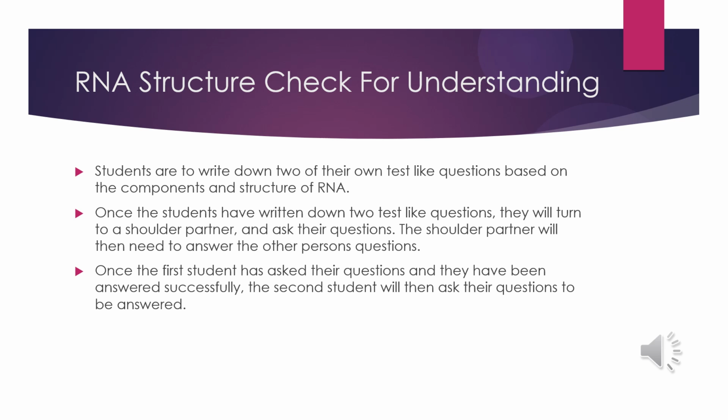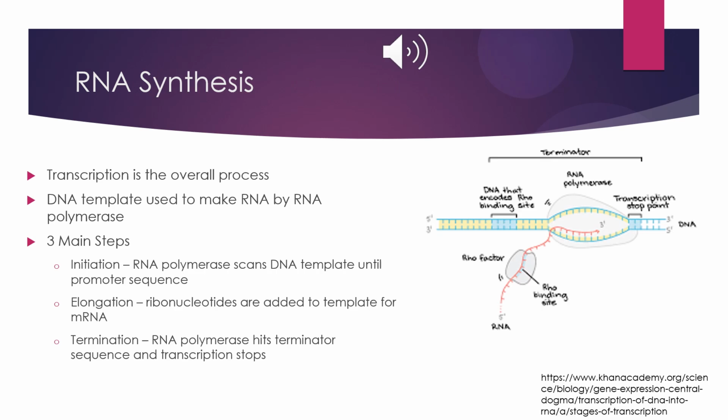Once you have written down those 2 test-like questions, you will pair up with your shoulder partner or somebody next to you. You will ask them your questions. They will then respond to you with the answer, and then the roles will switch. Your partner will share their question with you, and then you will answer it.